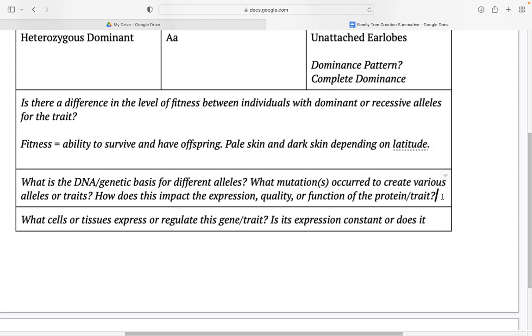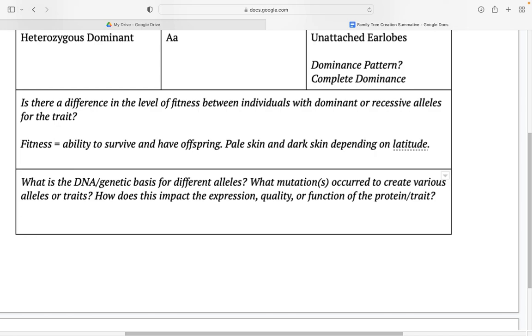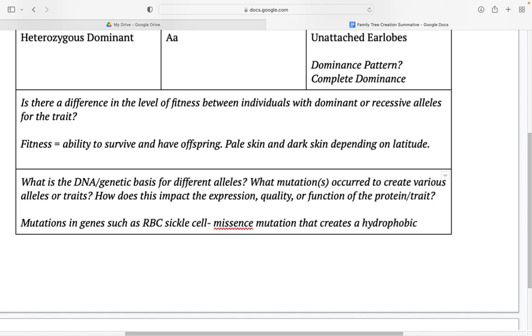Another question that you could answer is, what is the DNA basis for different alleles? So this is where you could talk about mutations in genes such as the one for RBC sickle cell. Remember, we have a missense mutation that creates a hydrophobic amino acid.